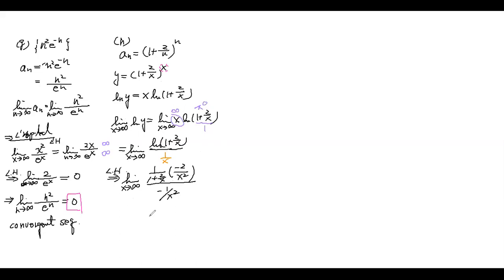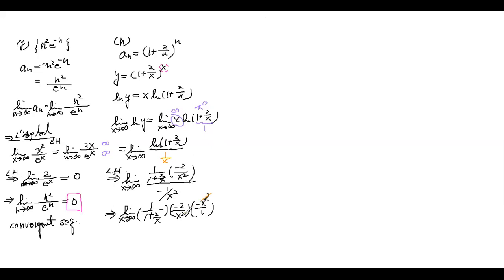Now, let's do a little bit of algebra. You flip it, so this will be 1 plus 2 over x, then negative 2 over x squared, and then you flip this one, so here is negative x squared over 1. So what do you see here?